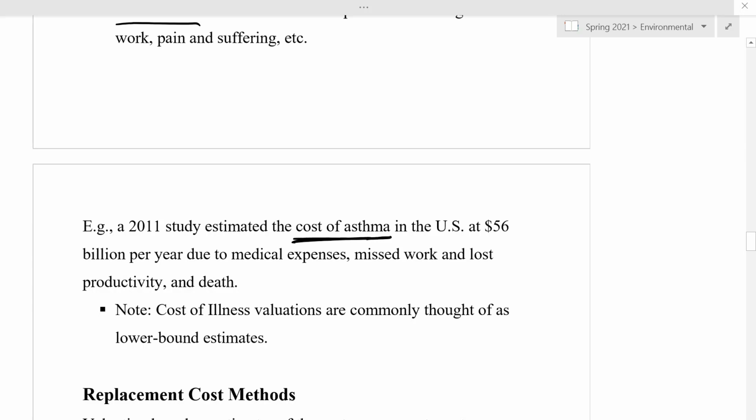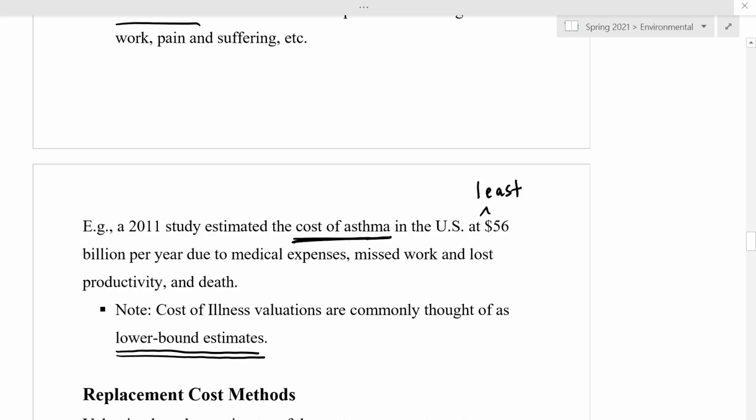Because these are only the costs that can be easily measured, we often think of these as lower bounds. So basically, what it really should say is at least $56 billion per year, because these are only the easily measured costs.